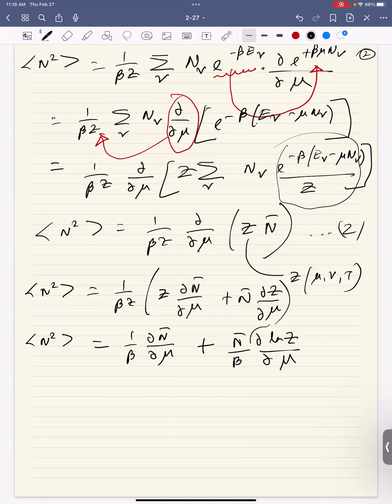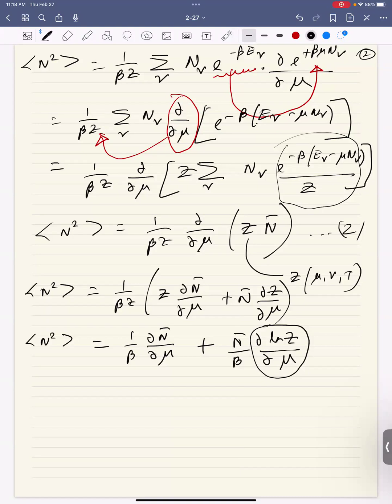Have we seen this thing before? We took the log of a partition function and we differentiated it with respect to an intensive parameter. So it should correspond to the average of something. Which thing? N bar. That is N bar, right? Soon you will be on Blackboard proving this. So that's N bar.